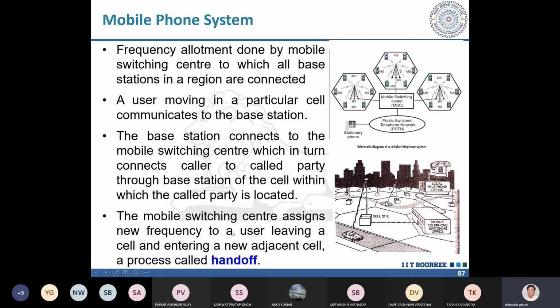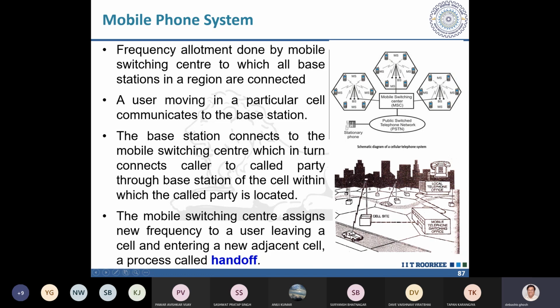If someone is moving away from one cell to the next cell, then obviously the frequencies allocated in this cell cannot be used anymore. When this car moves to an adjacent cell, obviously it will move to an adjacent cell only, it cannot jump to a far off cell, then a handoff will take place.